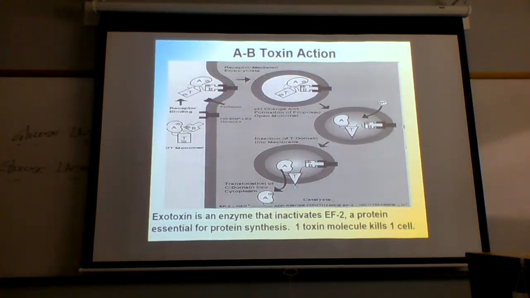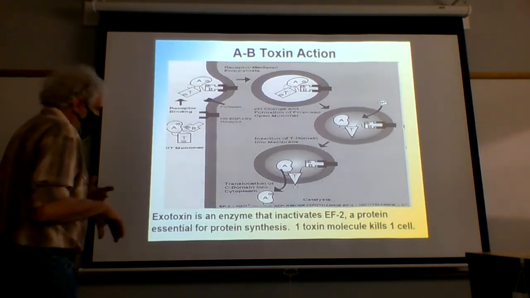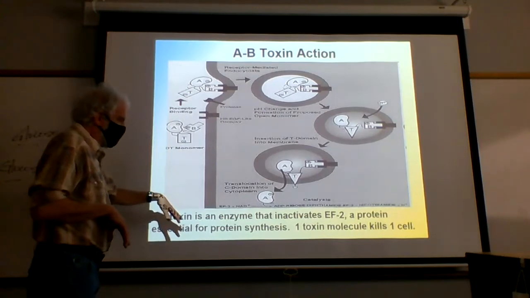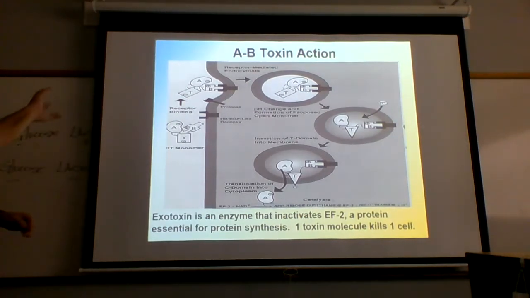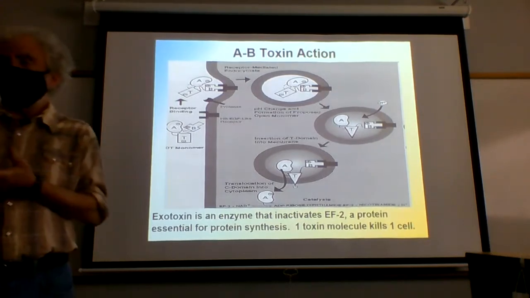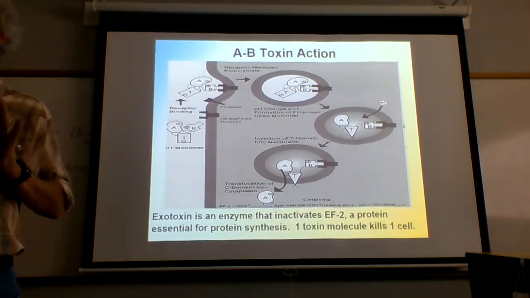So these toxins are produced by bacteria, and very often this is a really nasty part of it. And specifically, the exotoxin is an enzyme that is able to block protein synthesis, and that makes it a really potent and toxic metabolic poison.